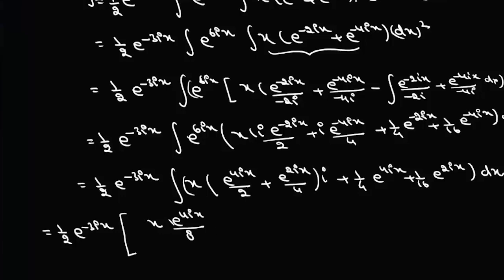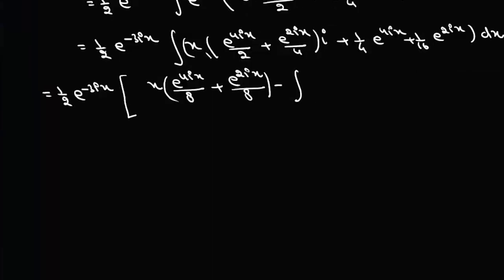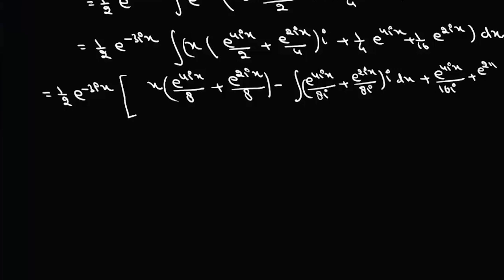Now this i will cancel, so it will be this 8 plus e to the power 2ix upon 8, and then minus this integral derivative of x is 1, and here it will be e to the power 4ix upon 8i plus e to the power 2ix upon 8i into i dx, and here it is simply e to the power 4ix upon 16i plus e to the power 2ix upon 32i.